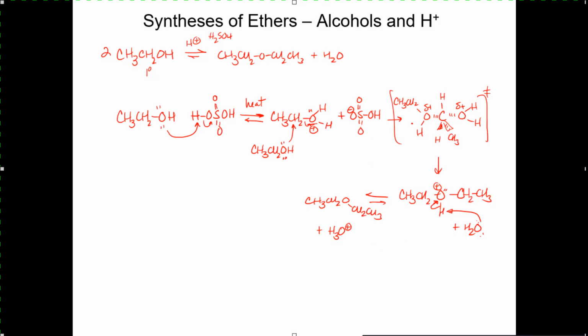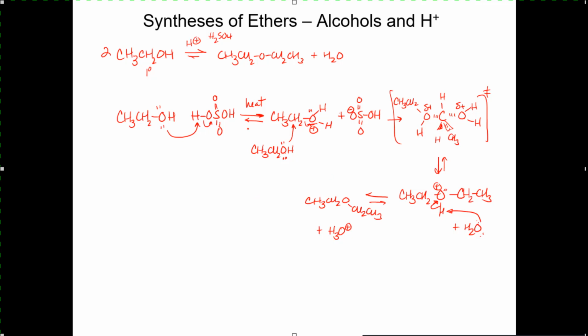So these are all unfortunately equilibrium steps, so that my ether could be protonated with acid, and then the water could come in and attack, and I could reverse this diethyl ether all the way back to ethanol, although that's not likely to happen.